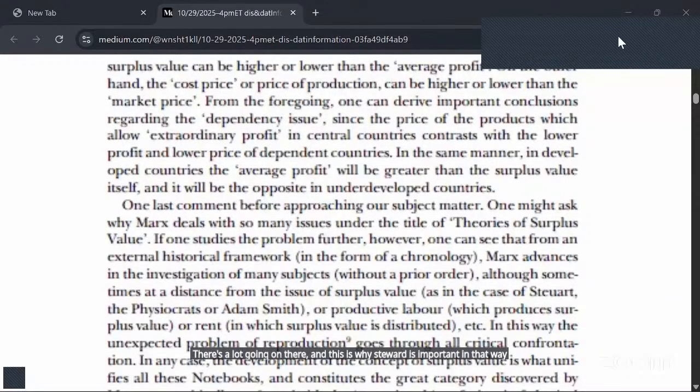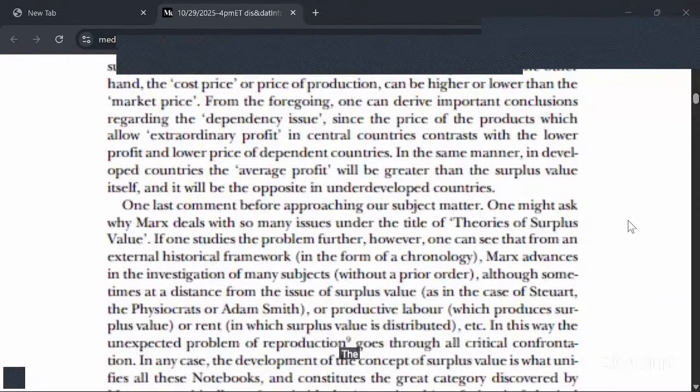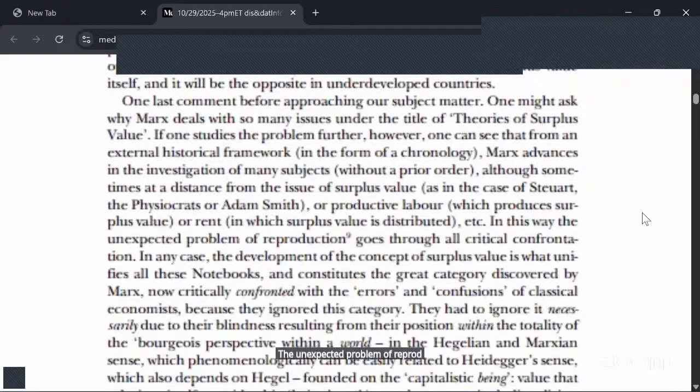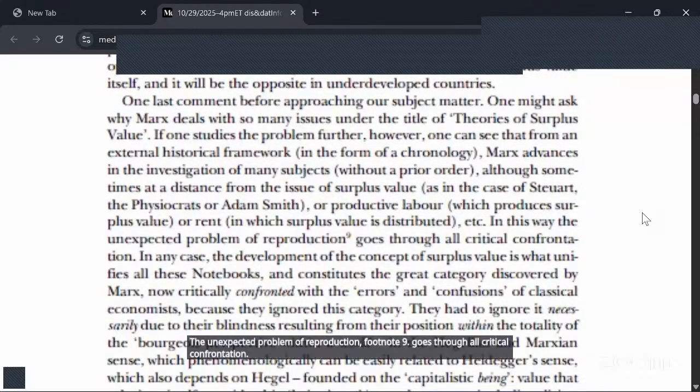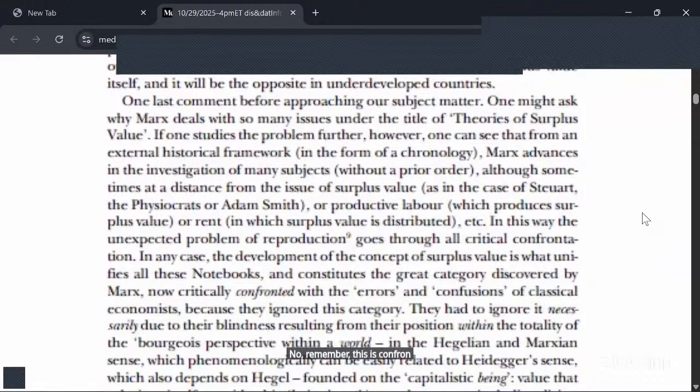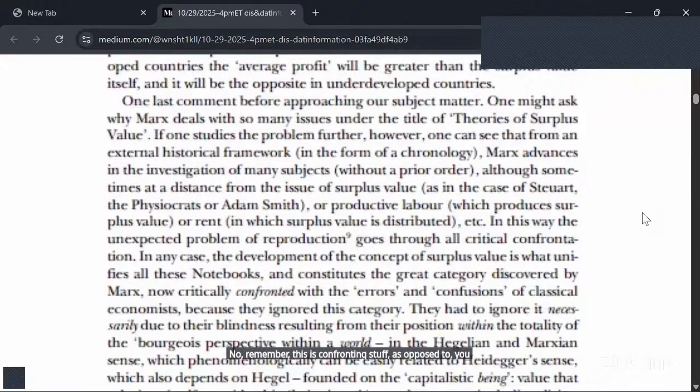In this way, the unexpected problem of reproduction, footnote 9, goes through all critical confrontation. No, remember, this is confronting stuff as opposed to a single moment.